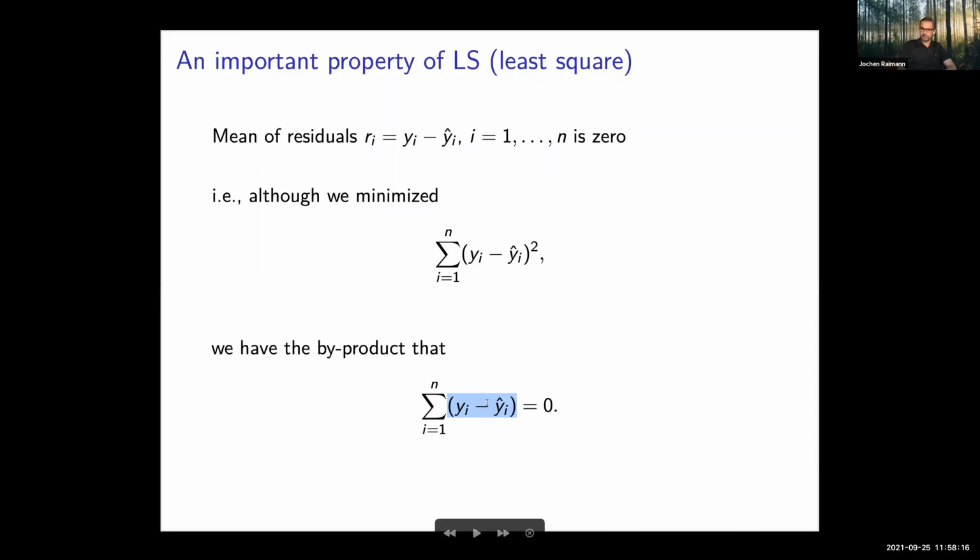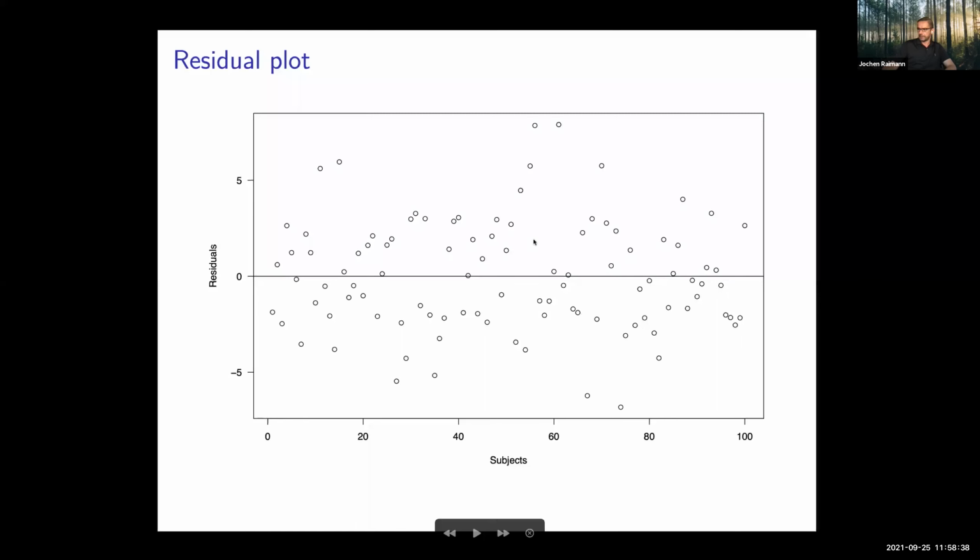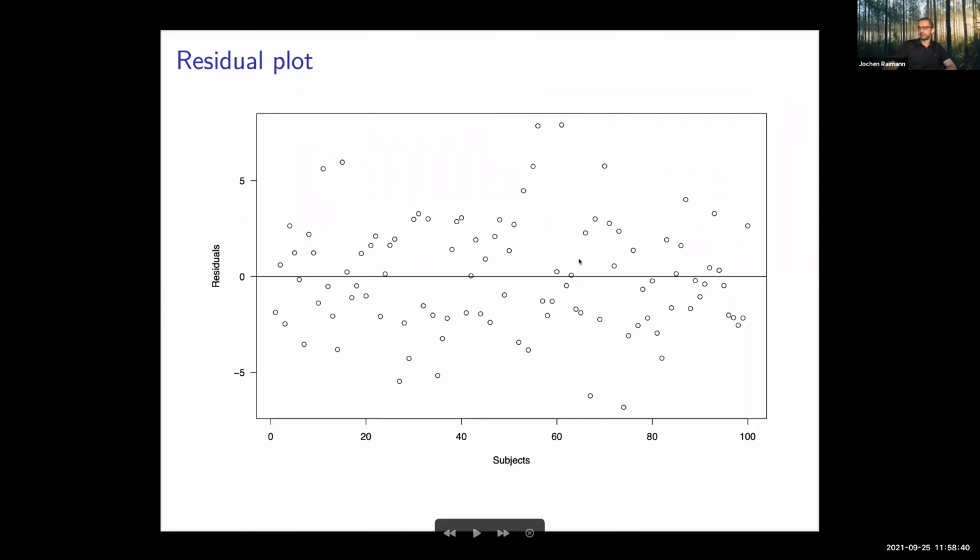This is important because this is one of the main conditions of linear regression. So we have this mean of 0, and we have a normal distribution of these residuals of each individual subject's contribution to the scatter that will distribute around this mean of 0.